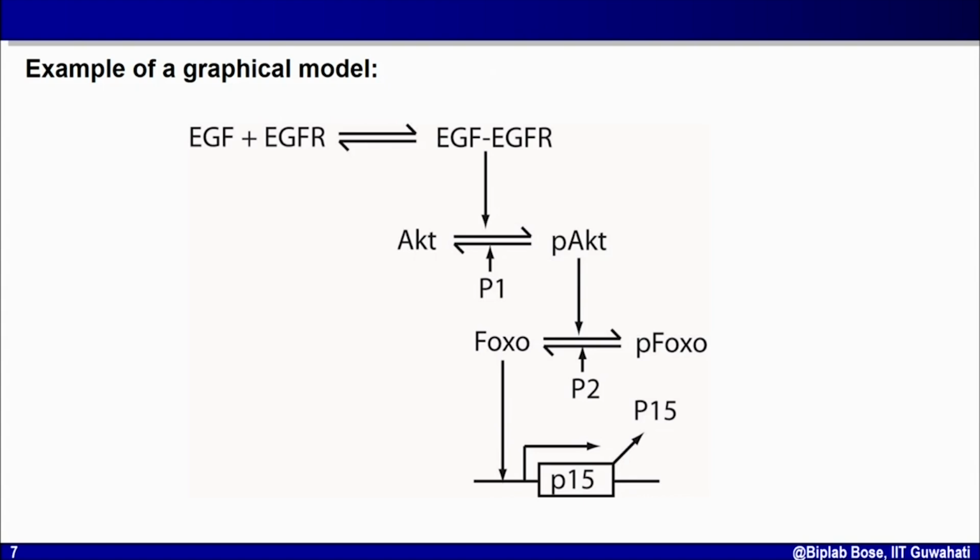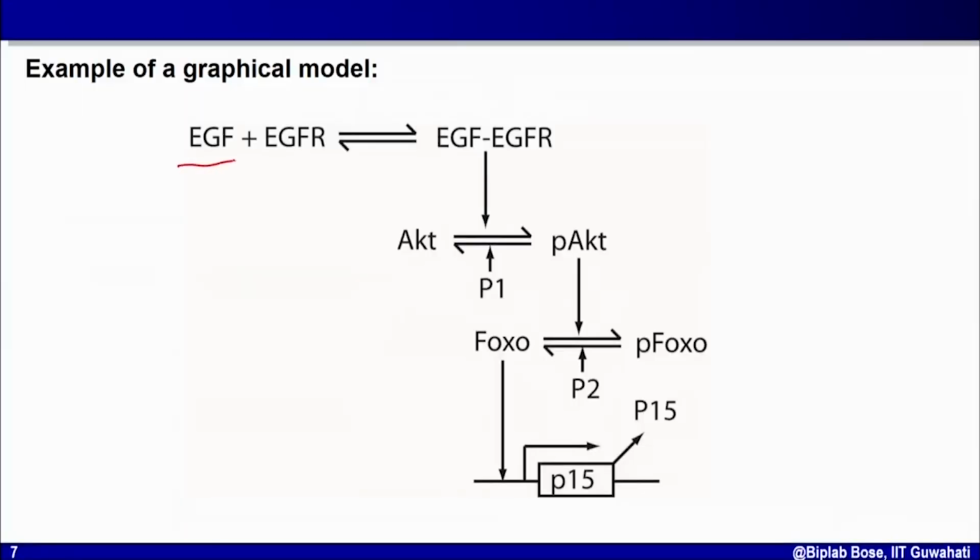We know that in the cell cycle, cells initially remain in G1, then enter into S phase, then G2 phase, then M phase where the cell divides. This cell cycle, which controls division of the cell, is activated by a signaling molecule like EGF, epidermal growth factor. And we want to model that.